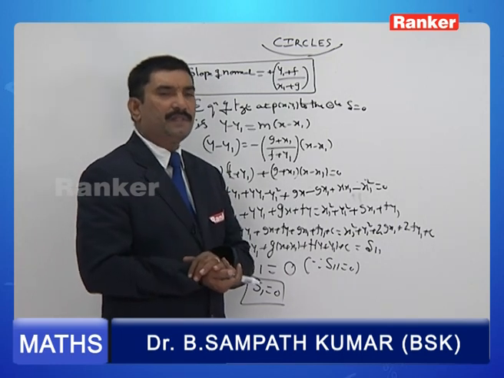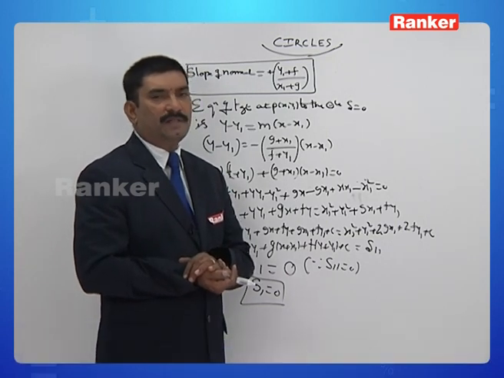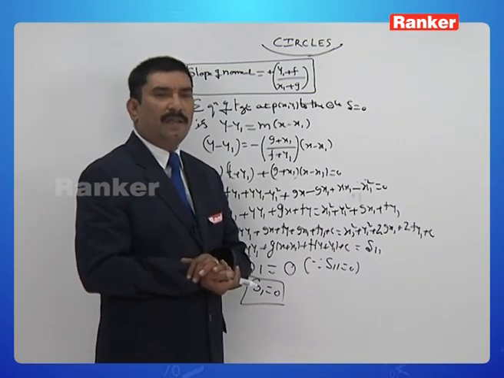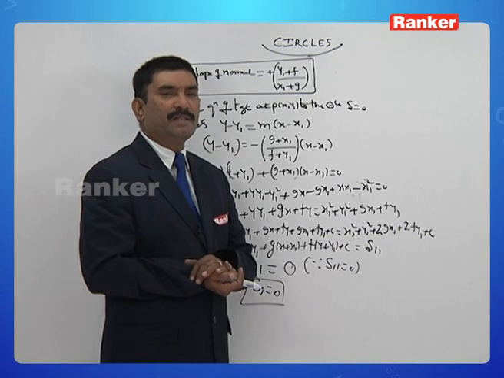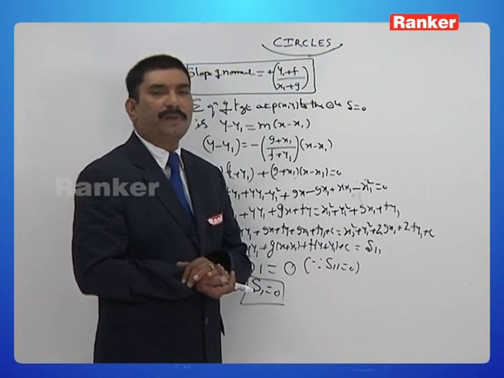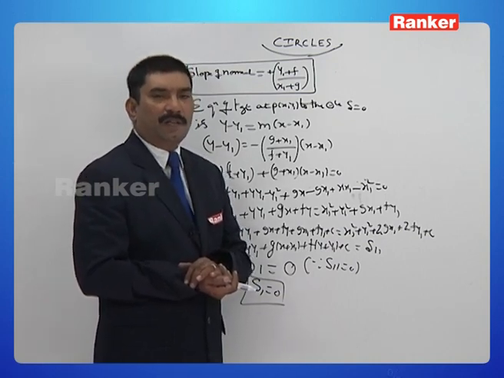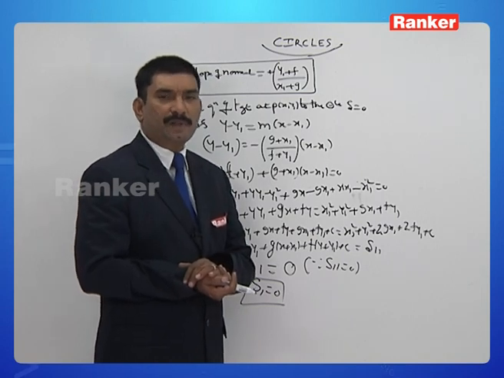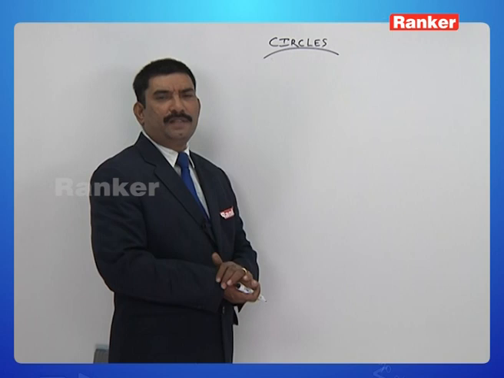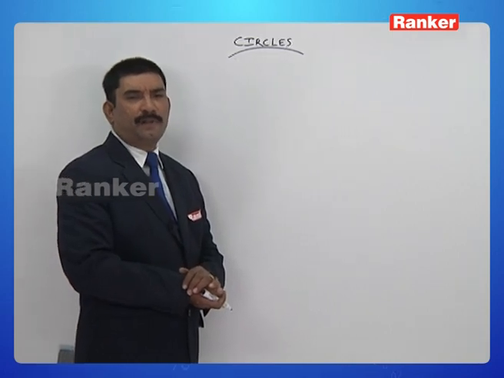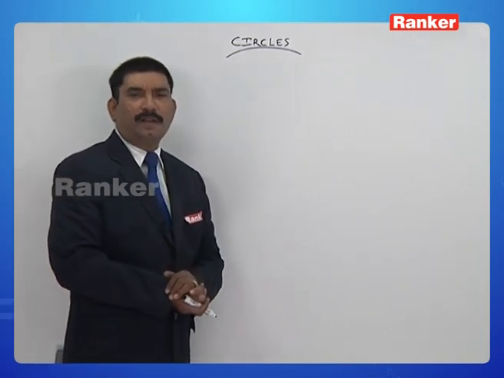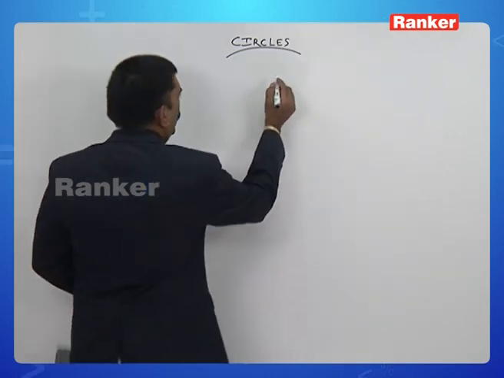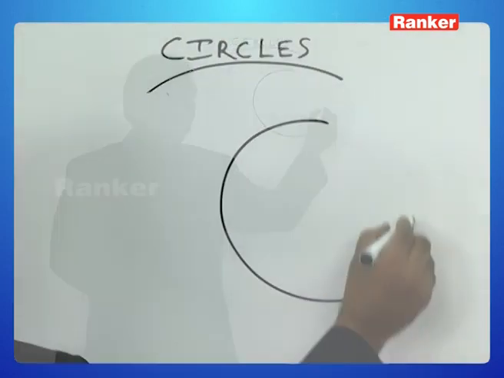Yes, this is the stage: when there is a tangent, there must be a normal. What's a normal? A line perpendicular to the tangent at that point P of x1 comma y1. Let us discuss the equation of normal to the circle at a point P of x1 comma y1. What I told, what's a normal?